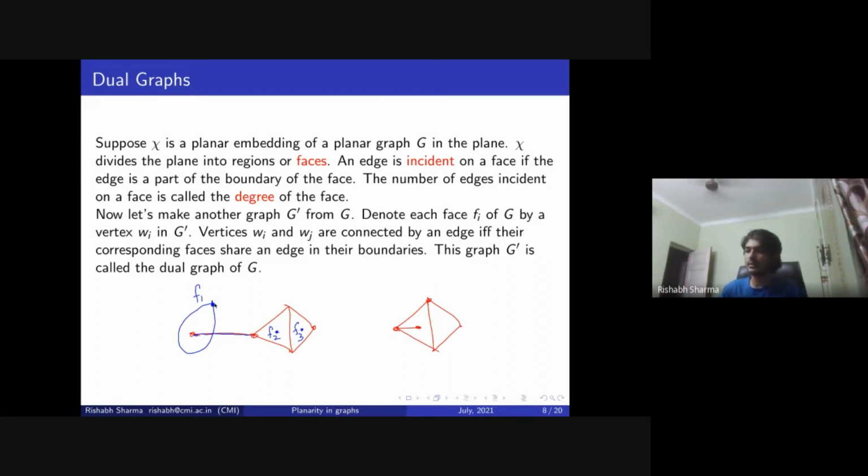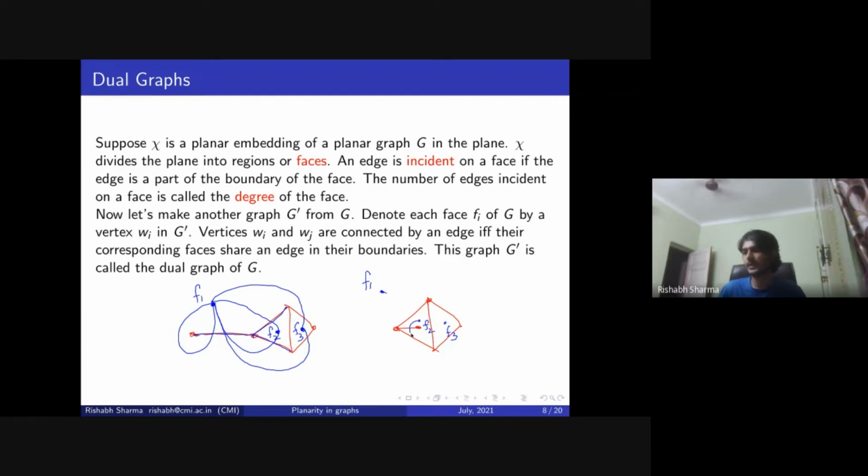And then for F1 and F2, I have two different edges separating them. So for each edge, I draw one edge for the dual. Similarly for F1 and F3. And now over here, I get F1, F2, F3. Now over here, the hanging edge is in F2.